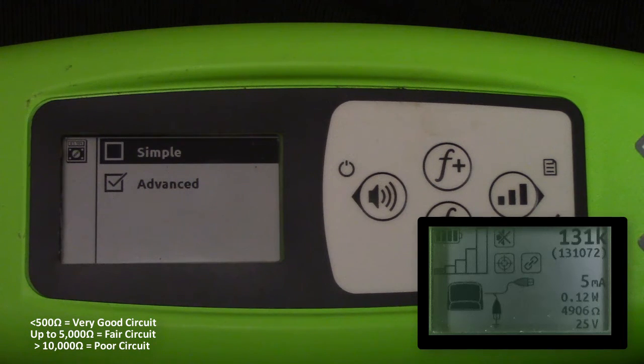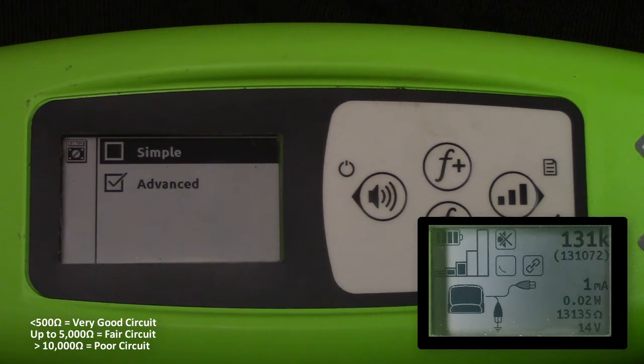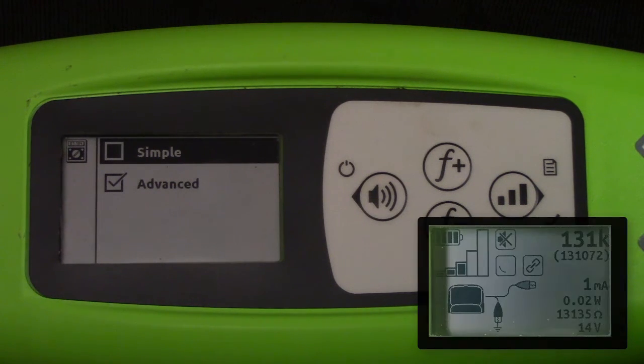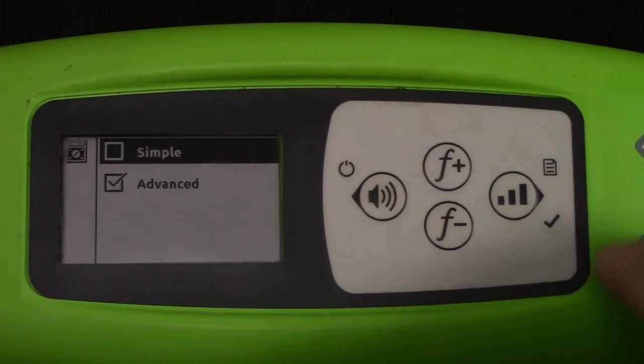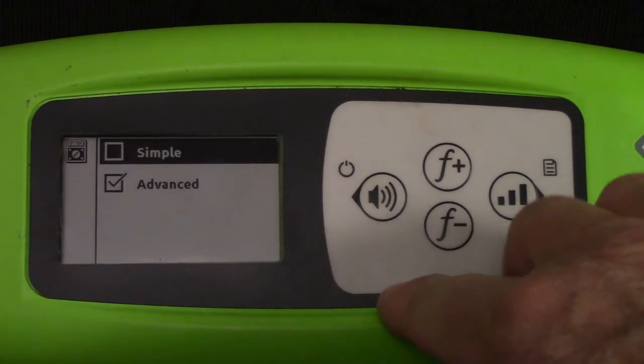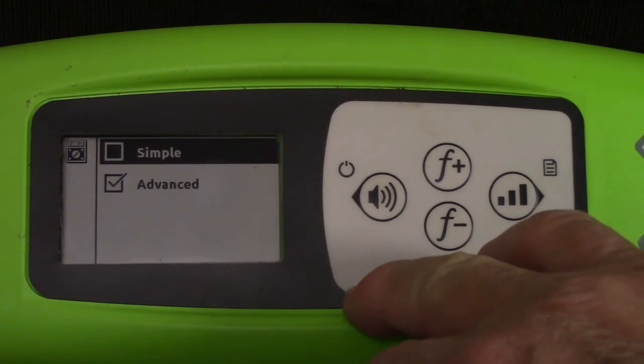But if you're over 10,000 ohms, that locate's going to be problematic, and you may need to look at whether you're having grounding issues, either with your ground stake or with the utility not being grounded properly itself. It may tell you that you need to go to the other end and try from the other end as well. So those are the three key line resistance measurements that you should keep in mind.